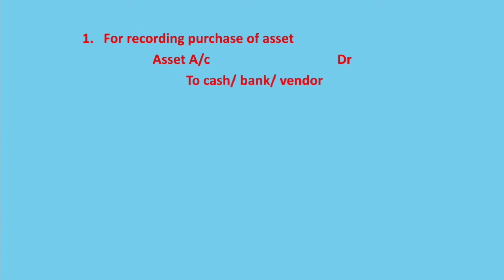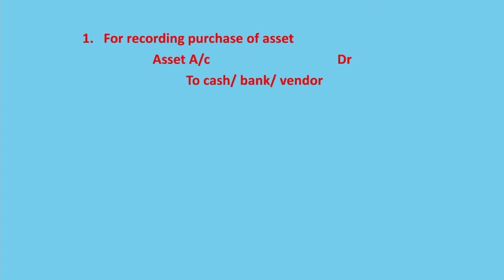If it is a cash purchase, we can credit cash or bank account. Or if it is a credit purchase, we can credit the suppliers or vendor's account. Then the entry: asset account debtor to cash or bank or vendor's account. Here we have to record the original cost of the asset, not the purchase price. Original cost means purchase price plus all the costs necessary to put the asset into use. That cost we have to record.